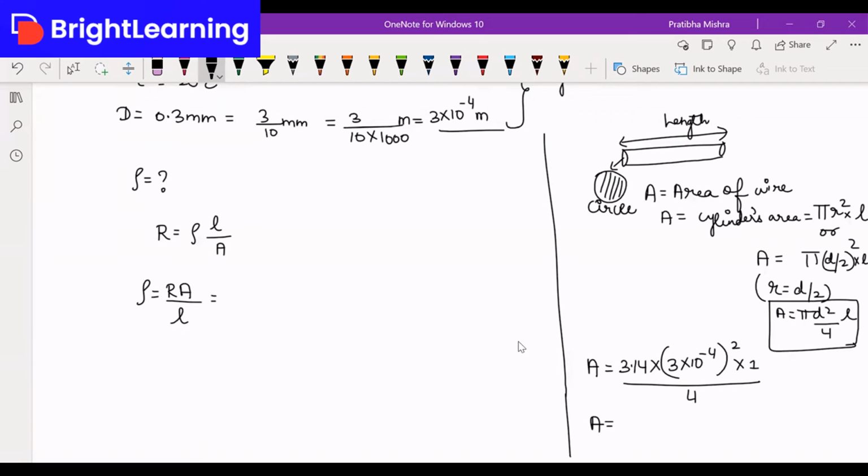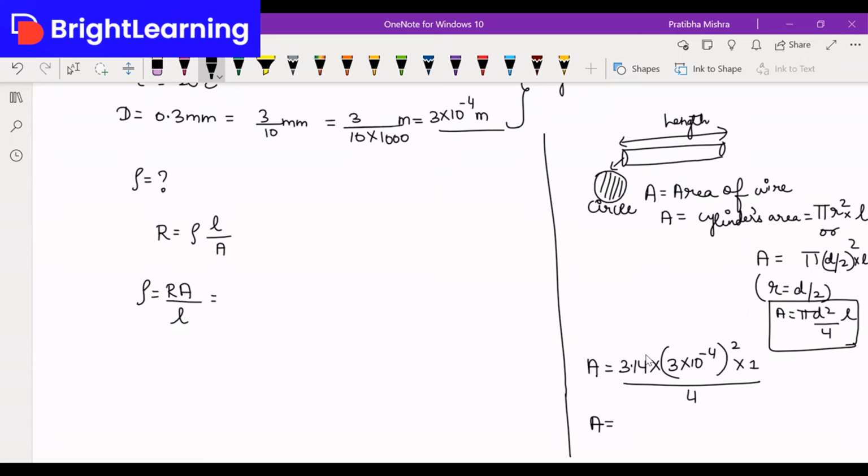Do this and then tell me what answer you get. Anybody who's getting any values, you can tell your answers, no problem.